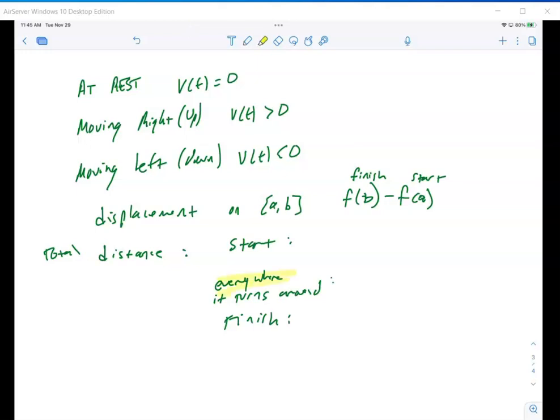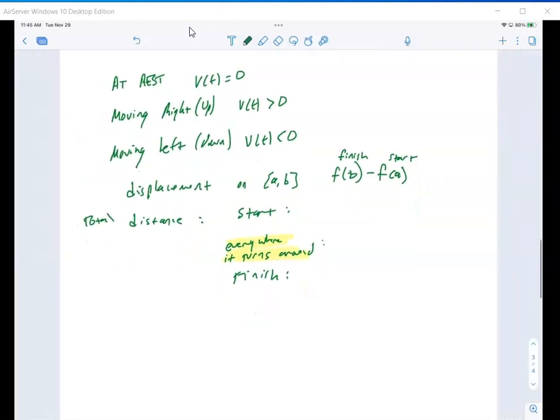So when it says total distance, you have to add in everything where it turns around. I'll show you an example of that in a second. And the last thing you need to know is speed. Speed is the absolute value of velocity. If you know that stuff, you're going to be good for physics. I believe this is one multi-part question for the physics stuff.